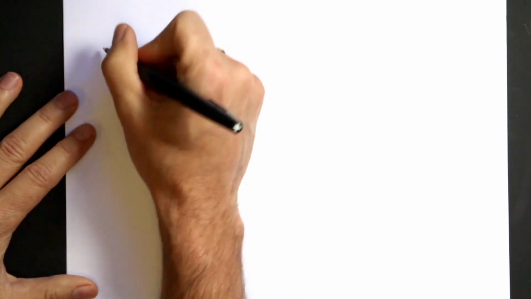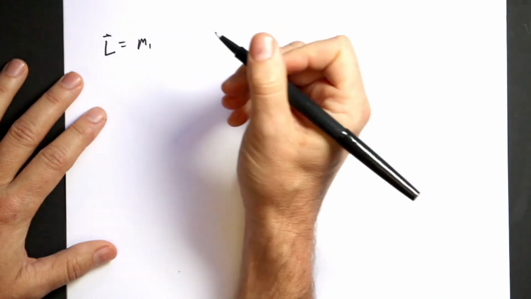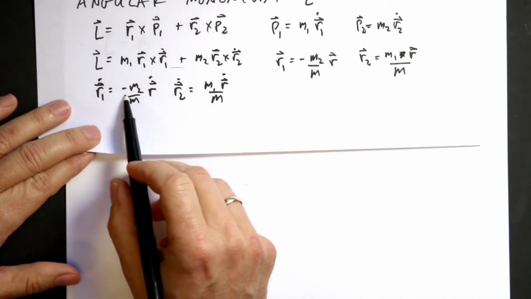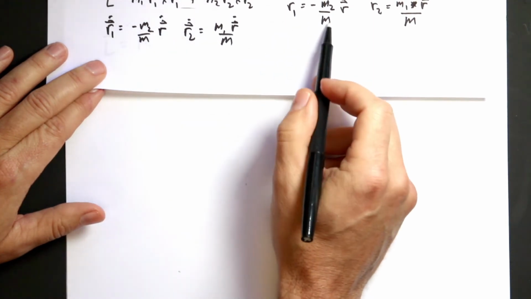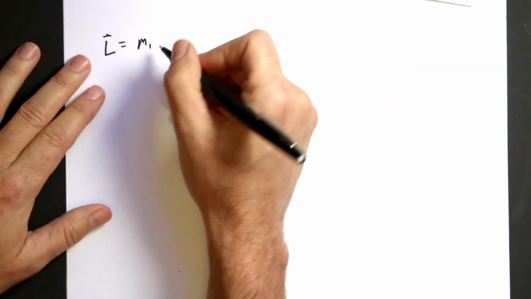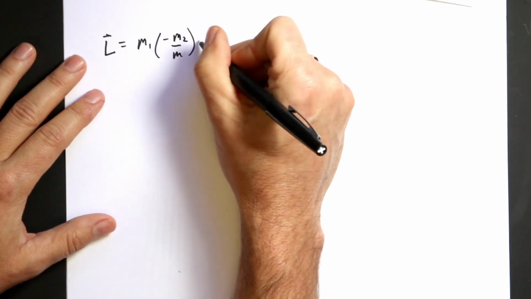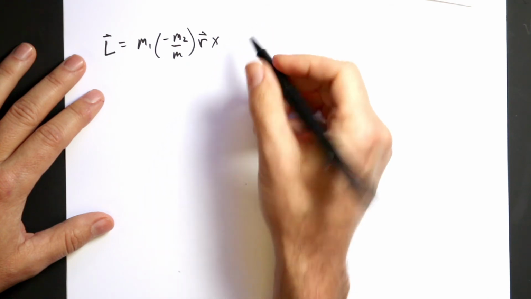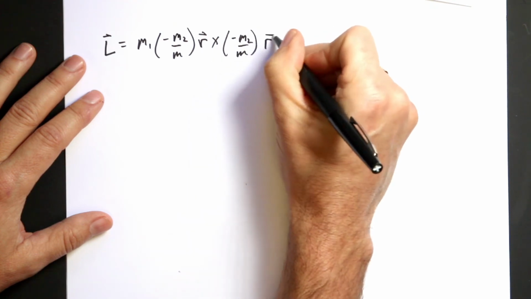Now I get the angular momentum L is M1 times negative M2 over M R cross R1 dot, which is negative M2 over M R dot.